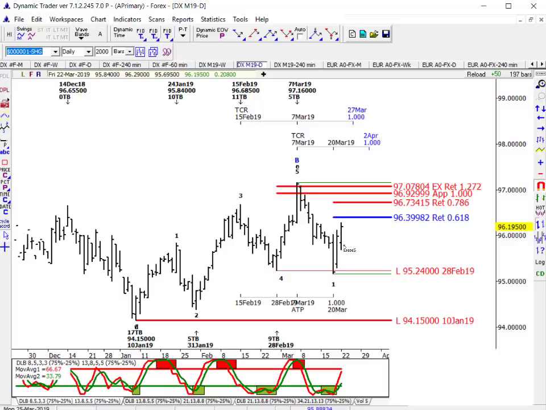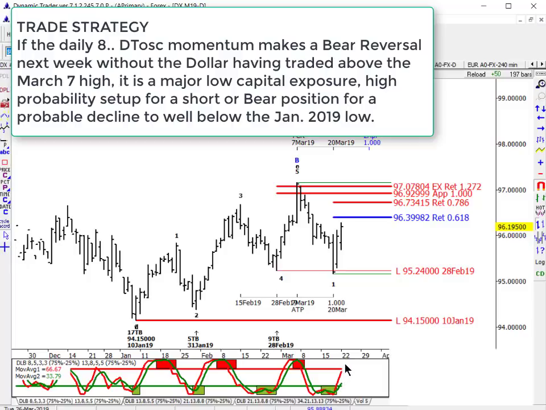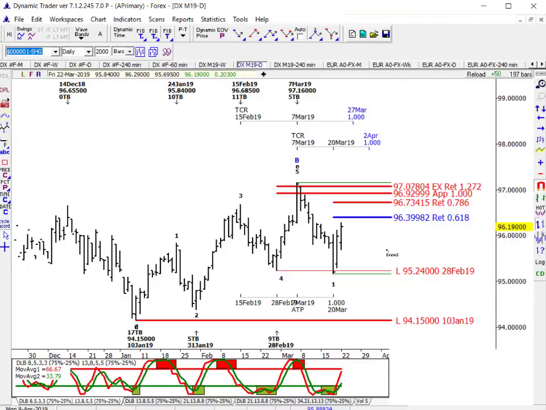If in the next few days we make a DT oscillator 8 look back bearish reversal in the daily momentum, that will put the daily momentums in alignment with the bearish weekly momentums to give us a warning that a wave 2 corrective high is complete and a wave 3 continuation of the bear trend is about to begin, potentially in quite a fast move to the downside. So that's what we want to be aware of in the week ahead. And needless to say, we'll keep you up to date on that every day with our DT reports.